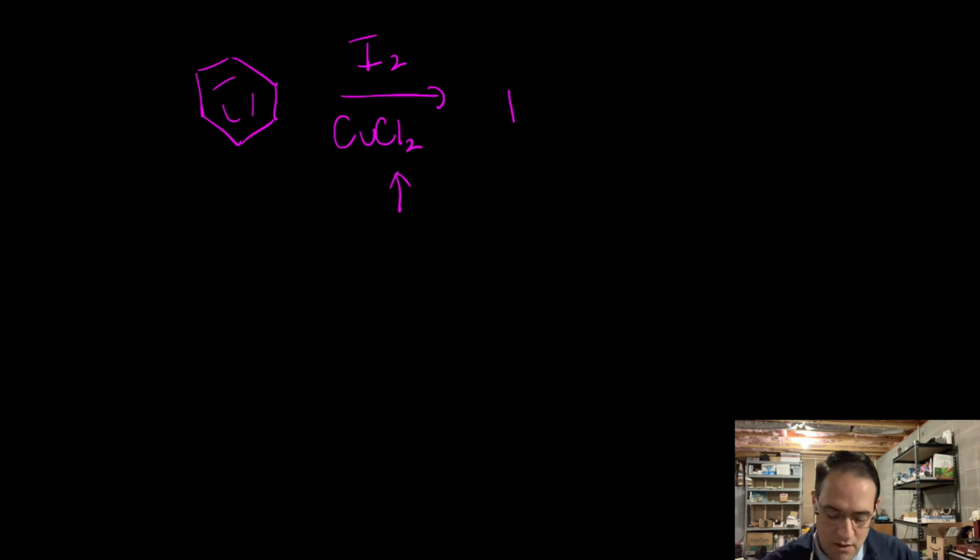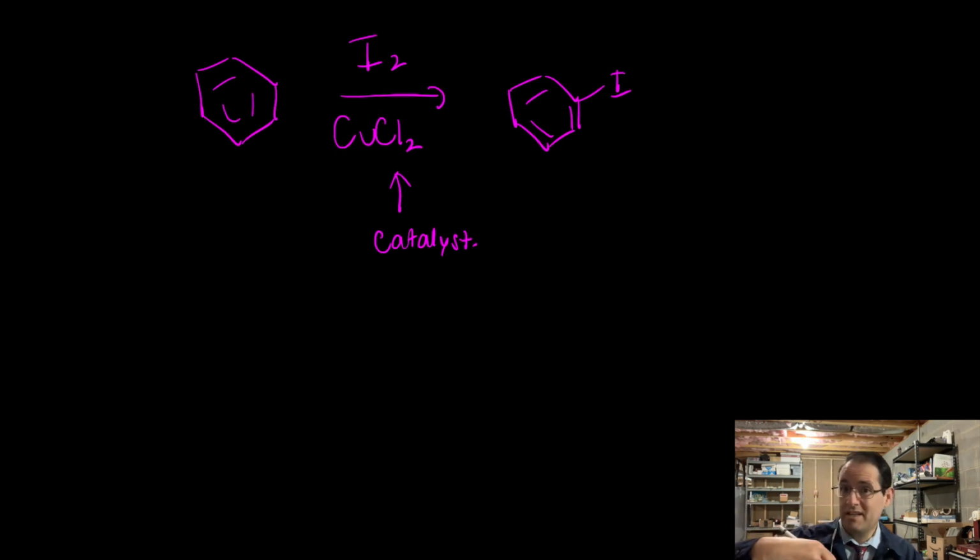But anyways, what you form here is iodobenzene, okay? And so again, the copper 2 chloride is going to be your catalyst that acts as a Lewis base. It's going to grab iodine, activate it, and then benzene is going to attack the iodide. So it's slightly different.